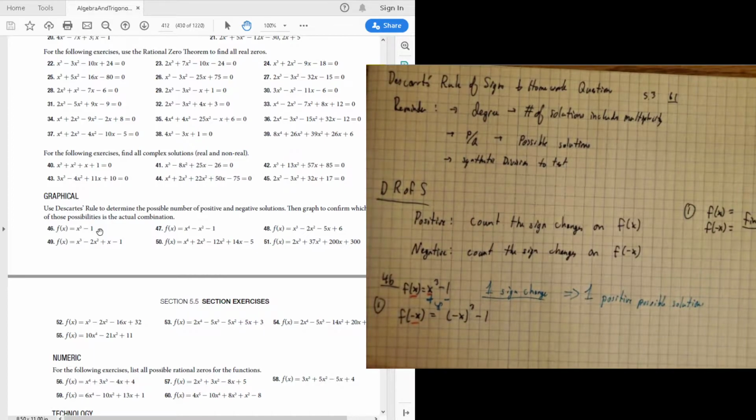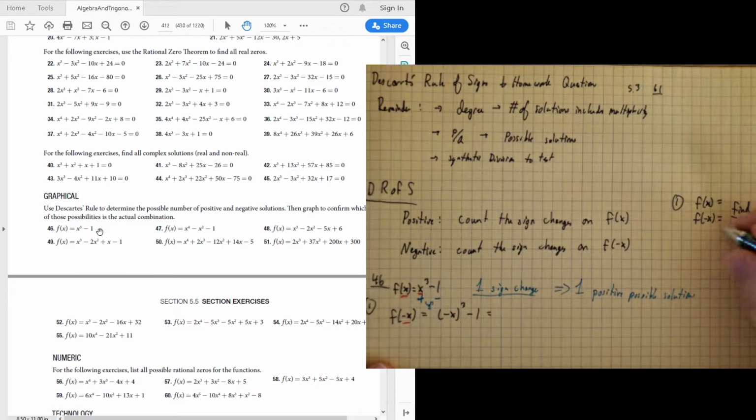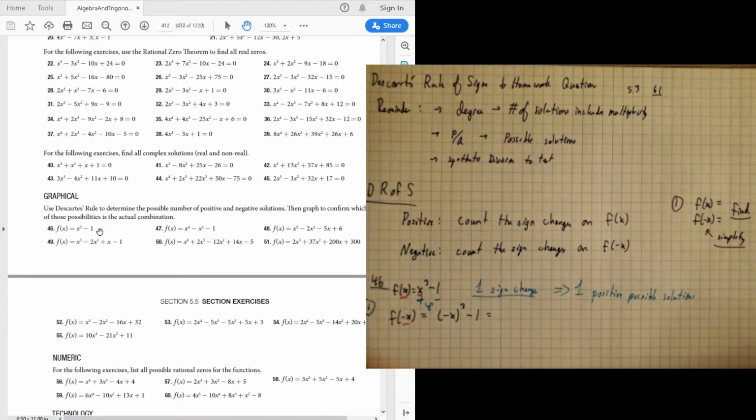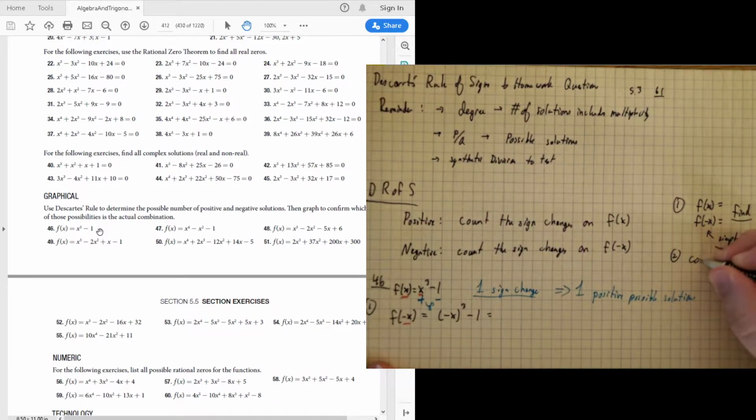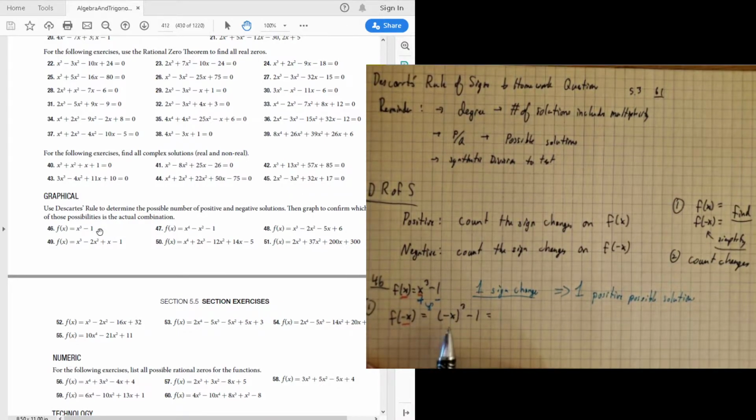If I go down here, usually when you do this one, you'll have to do some simplification. So whenever you do the f of negative x, make sure to simplify. Big detail. Always simplify that one. And then just count the changes. So let's ask ourselves, what happens here? We'll have negative x cubed. Well, let's split this into two parts.